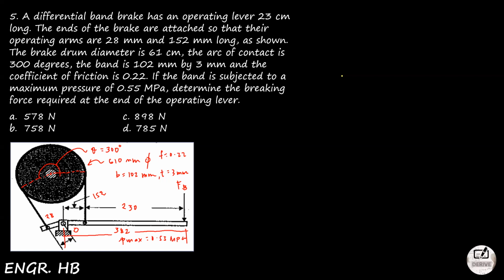So, kagaya kanina, nag-drawing muna tayo ng free body diagram. So, sabi sa inyo, wag natin kabisaduhin ito. So, let us assume that this is the clockwise approach. Wala namang sinabi, no? So, clockwise approach nga. So, pwede natin gawin ganyan na lang. At ganyan. So, this is your 28.